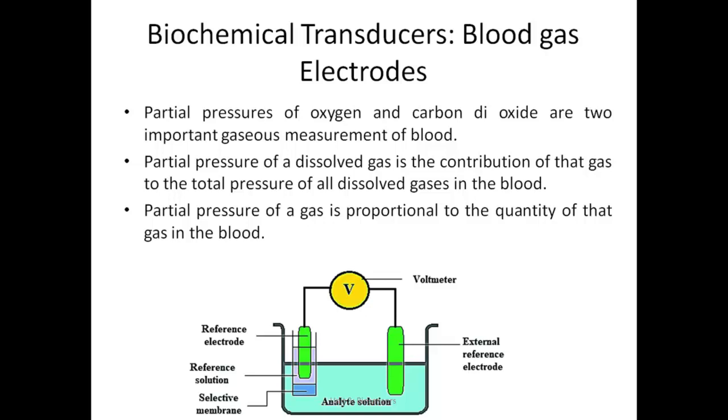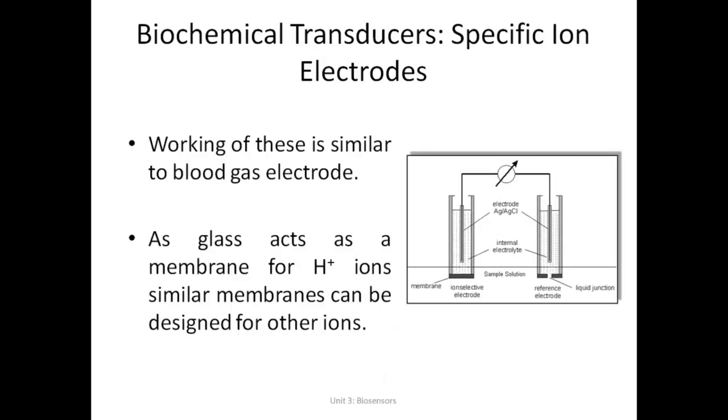Now this oxidation reduction current is proportional to the partial pressure of the oxygen that has diffused from the blood into the reference solution, because the oxidation reduction reaction is taking place only because of oxygen ions. Whatever current is generated is proportional to the concentration of oxygen that has passed through. So we can measure that current, and with the help of that current, we can find out what concentration of oxygen is present in the blood solution, right?